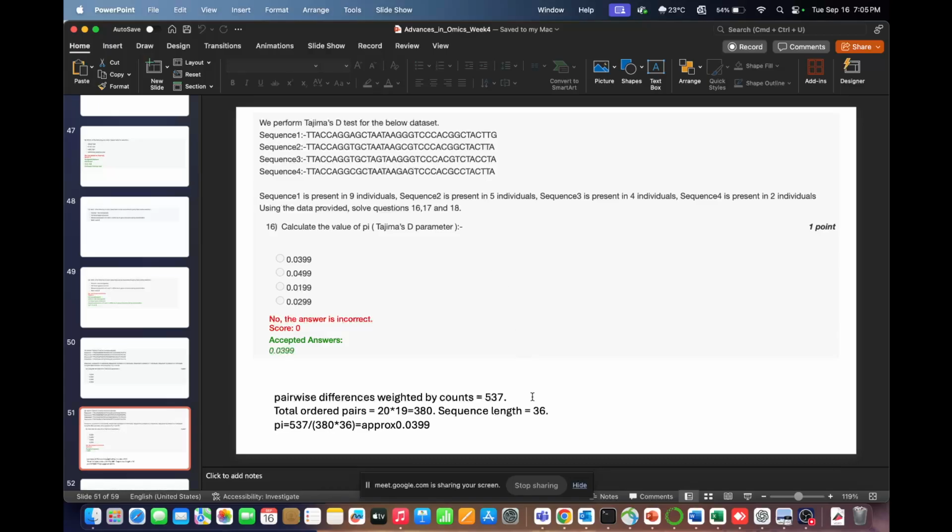I'm getting 36. So the idea was that pi is calculated by the pairwise weighted difference divided by the total ordered pairs times the sequence length. That was the formula that we applied, and I was told the sequence length is 36. I think it is 36 from where I'm counting. Just let me count it again.